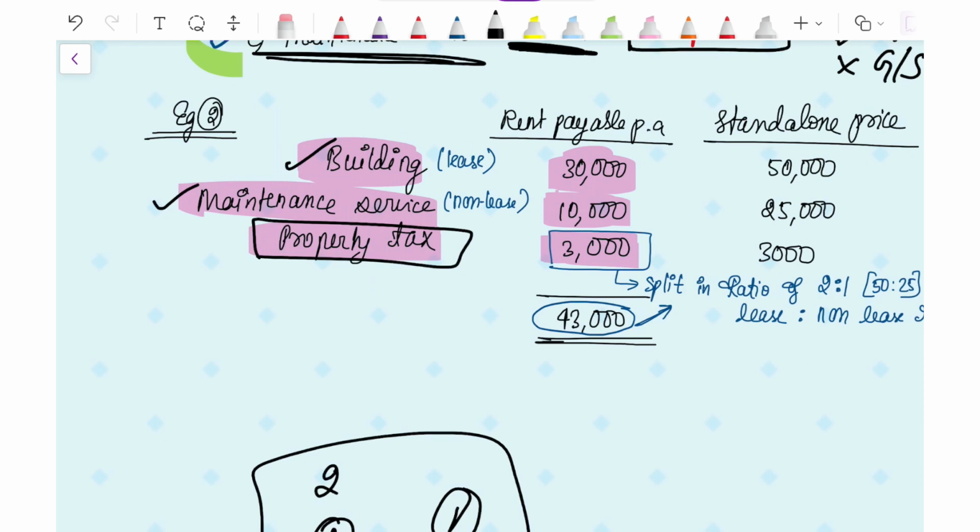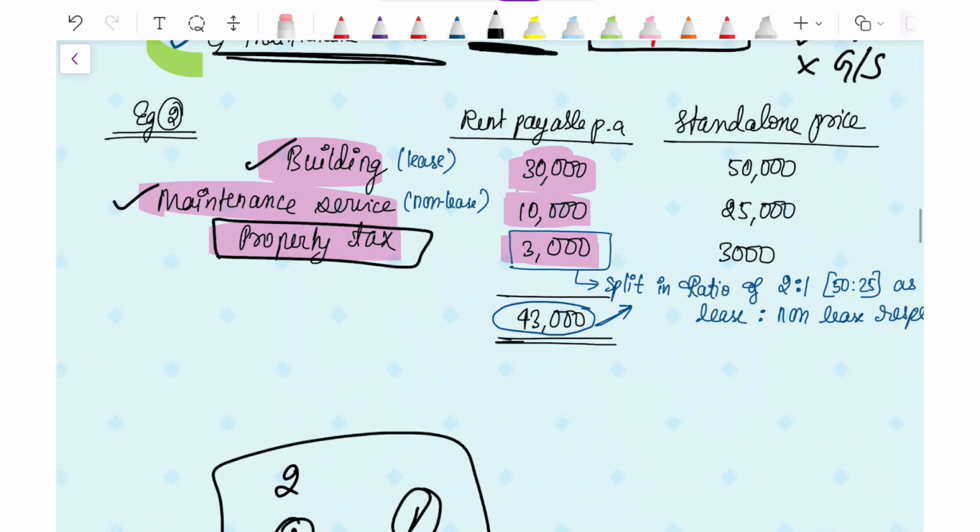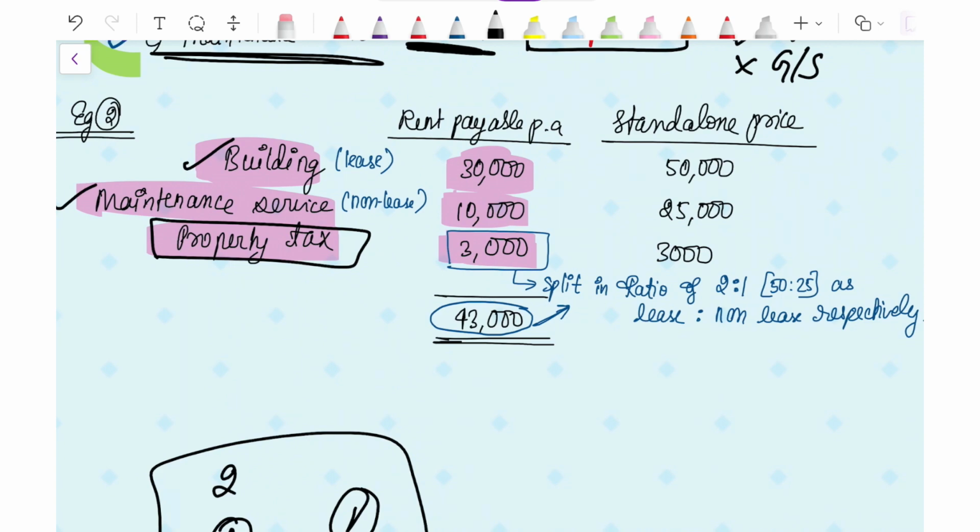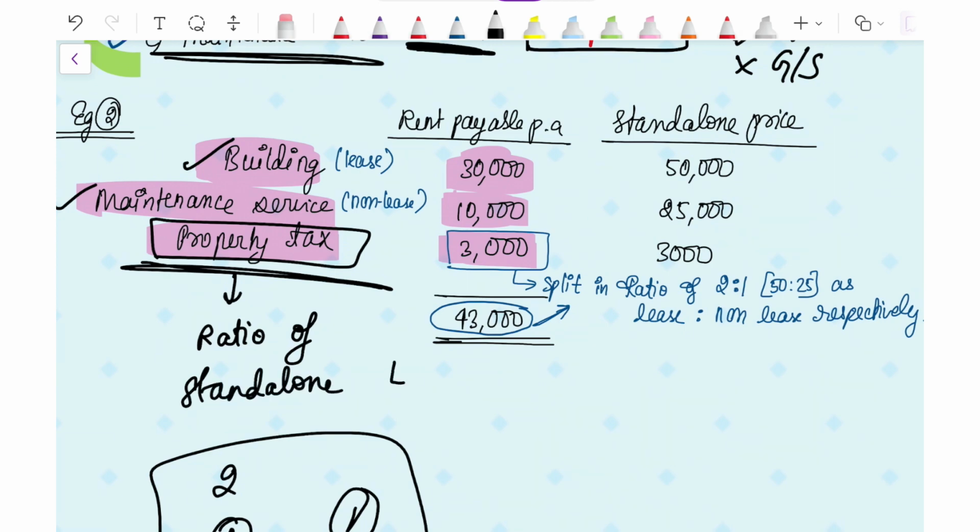So here what the standard, Ind AS 116, tells you is that since property tax is neither an asset, good or a service, neither a lease nor a non-lease, in such case you will split this property tax in the ratio of standalone price of the lease and the non-lease component. So your standalone price here is nothing but your fair value. So you have to split this property tax in the ratio of fair value of the lease and non-lease component.